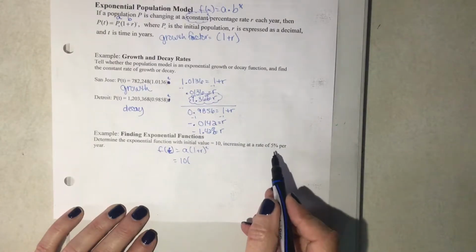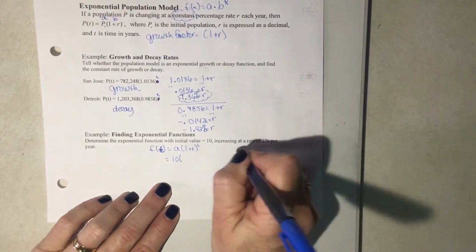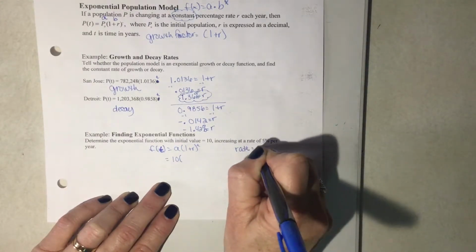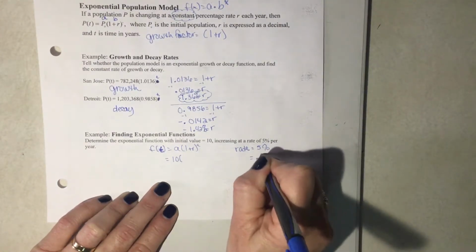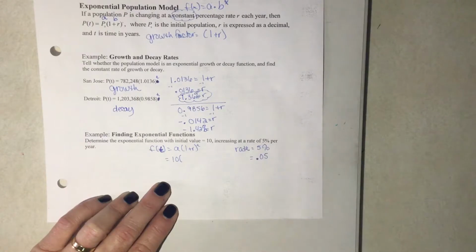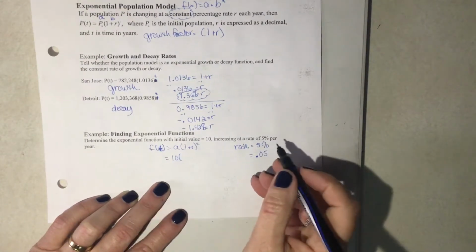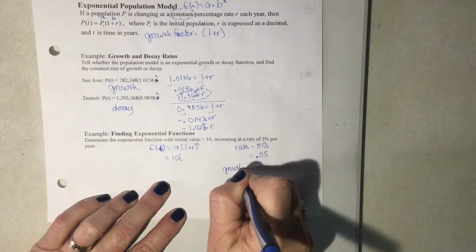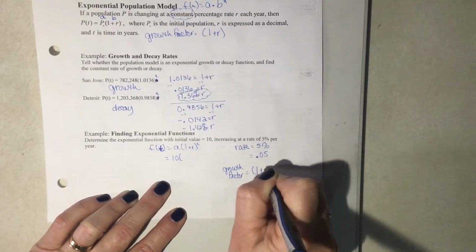let's come over here to this 5%. I'm just going to do some work over here since this is our first one. Our rate is 5%. Converting that to a decimal, and I know that my growth factor equals 1 plus the rate, right?